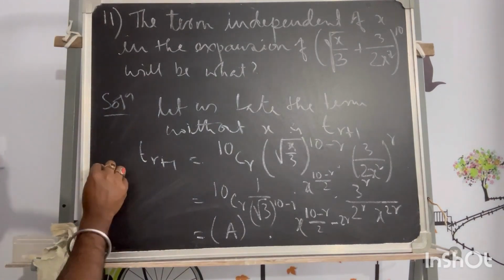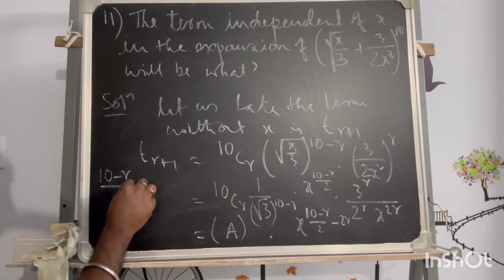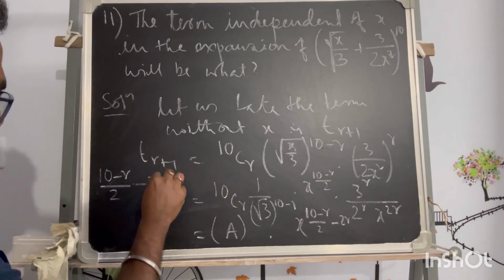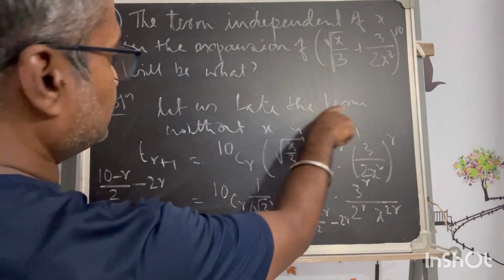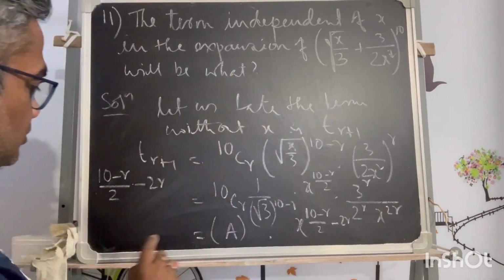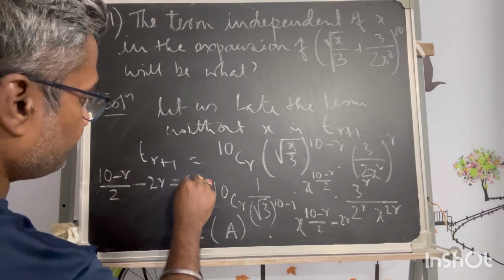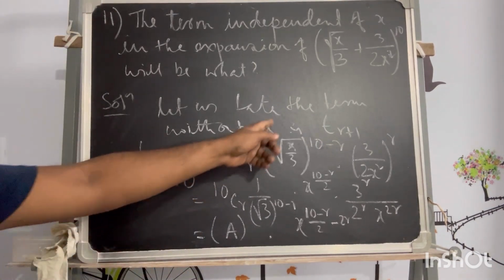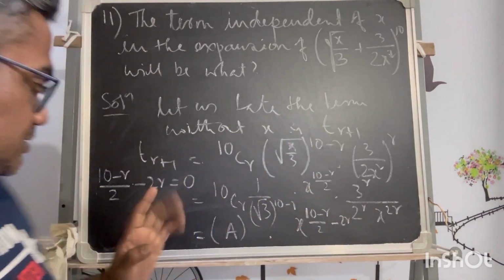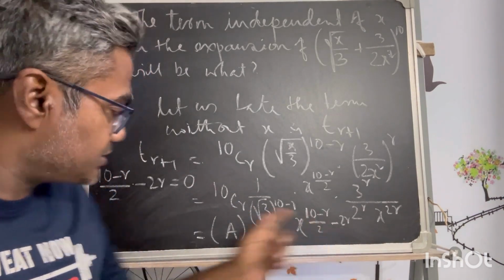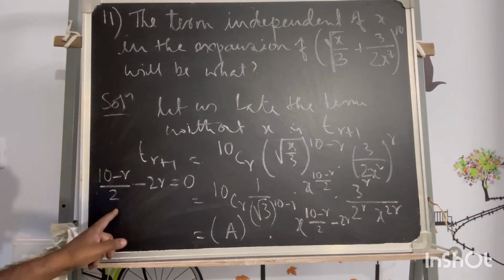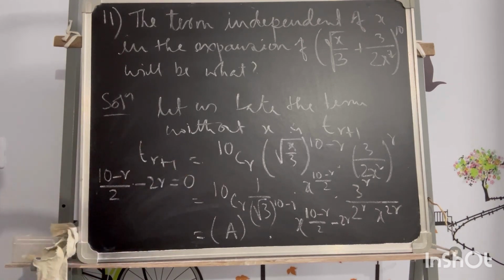So (10 minus r) by 2 minus 2r, this power, as per the condition, is without x, so that means the power of x will be 0, then x to the power 0 will become 1, so there will be no x. So the total power as per this expression, (10 minus r) by 2 minus 2r, is equal to 0.